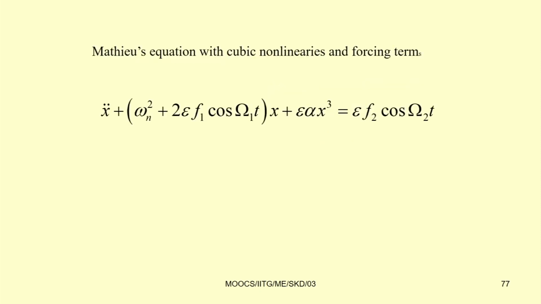In the Mathieu equation we can also add a cubic nonlinear term, or many different types of nonlinear terms, and write the equation in different forms and see what the response will be.